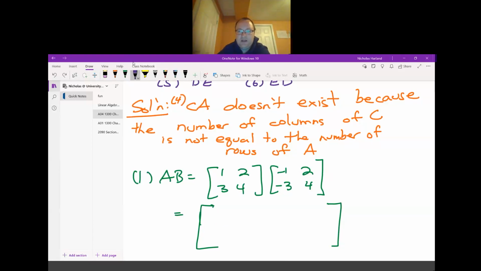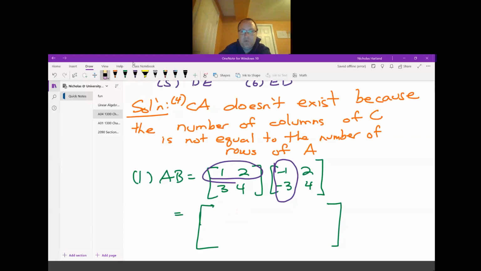If we want to find, call it AB11, the first row, first column entry, we take the first row of A and we multiply by the first column of B. But unlike addition and scalar multiplication that were very easy, this is a much weirder process. It's not just take the two entries and multiply them together. It's taking a row and multiplying by a column.